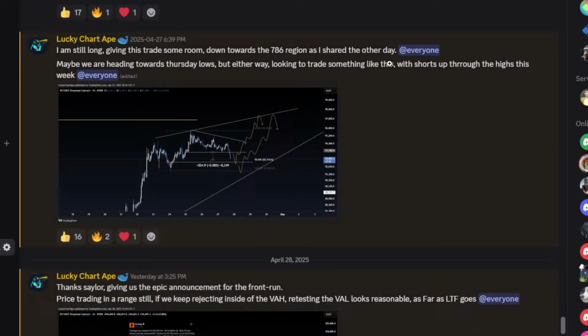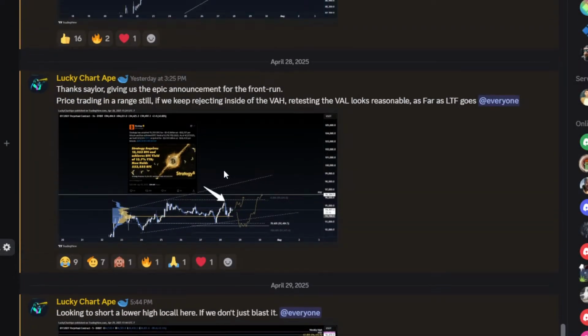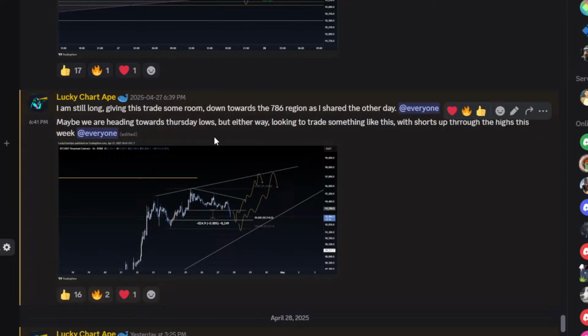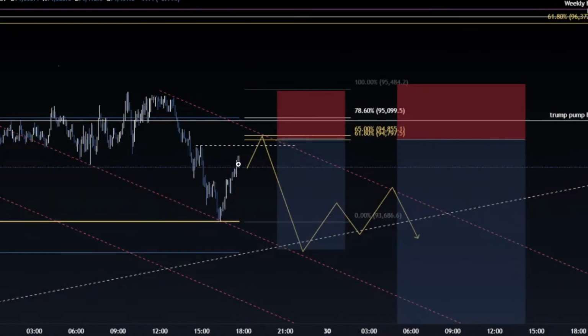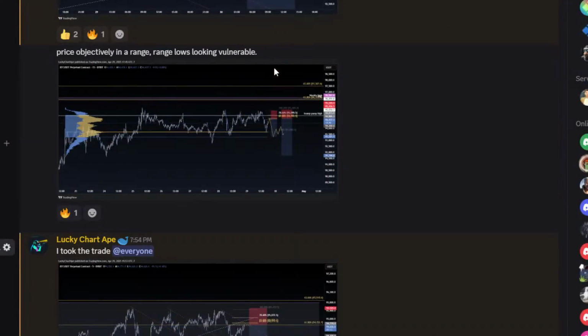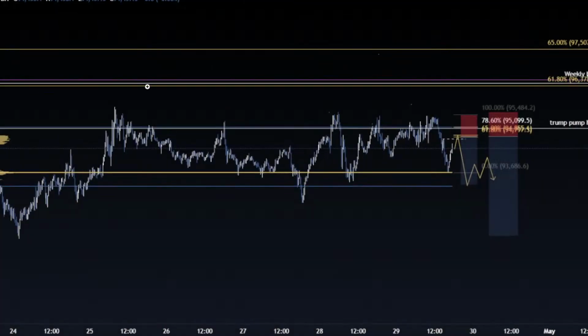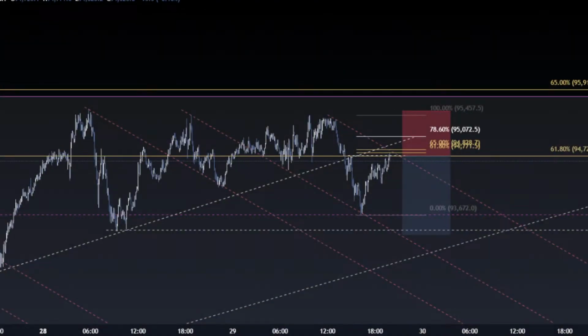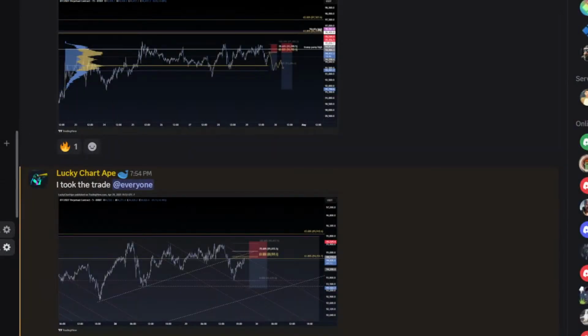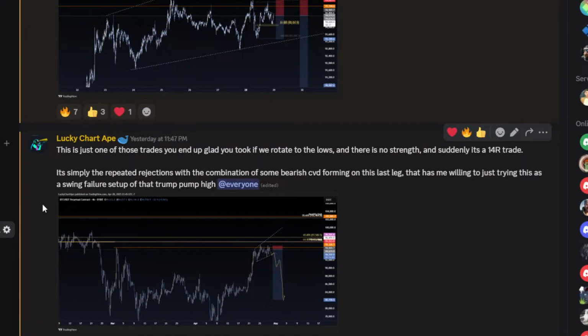Taking these lows at the time, looking for new highs, but you know, then we had some bearish stuff. Just saying, I'm still long, giving the trade some room to breathe. But anyways, like today in the low time frame channel earlier, just that I'm looking for this short setup, and then maybe a little brief description of the setup, and then just update that I'm in the trade. But that's generally speaking the flow of the Discord.